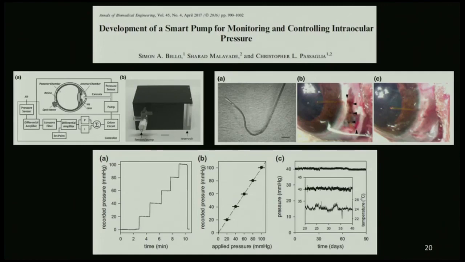And so once they figured that out and kept the temperature a little bit more steady, then they actually reduced that noise further. So this is a really interesting model for long-term IOP elevation, or maybe repeat IOP elevation. So you can raise the IOP to X, normalize it, come back and raise the IOP again, so you can look at what the effects of multiple injury might be on the eye.